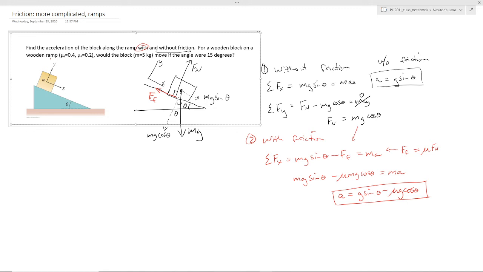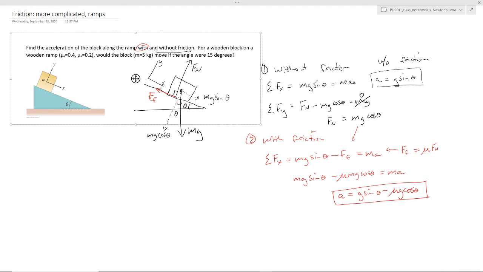So in terms of the acceleration, really we're asking about the competition between this and this. Notice this thing has units of acceleration. So in other words, we don't need the mass to figure this out, but let's actually just look at the forces because I think that's maybe a little more intuitive.